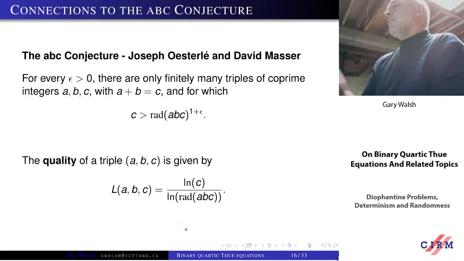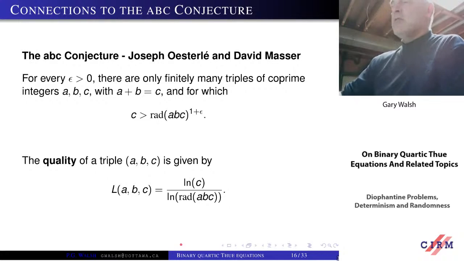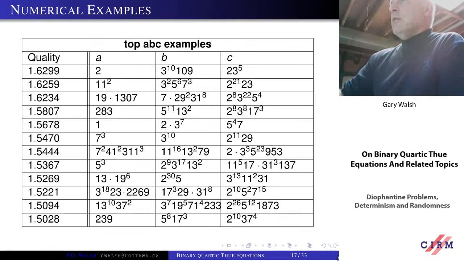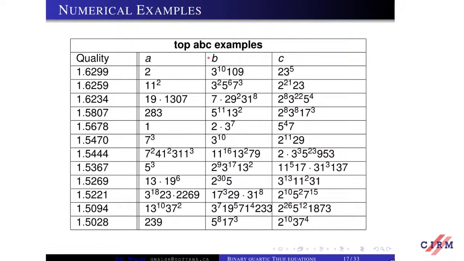In any event, for our purpose, we do need an effective version of the ABC conjecture in order to connect with our problem. This version of the ABC conjecture is ineffective and not terribly useful. Well, it's useful, but it's not going to completely solve the problem we'd like to solve. Now, let me just mention a few of the top ABC examples.